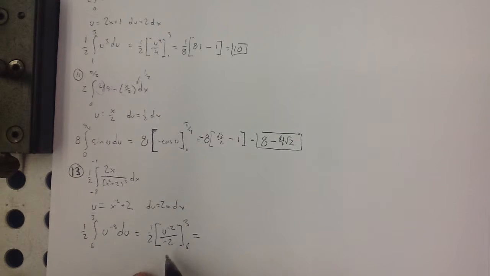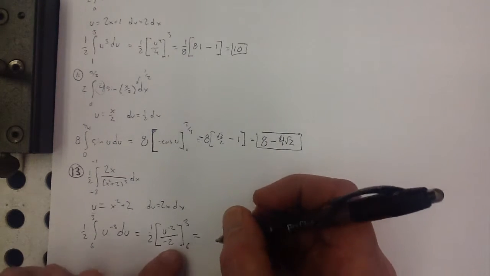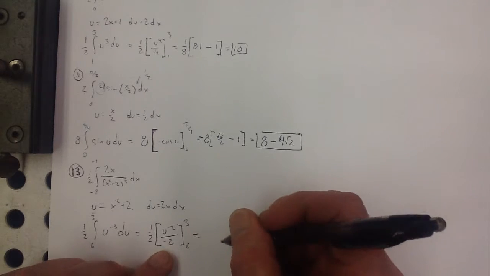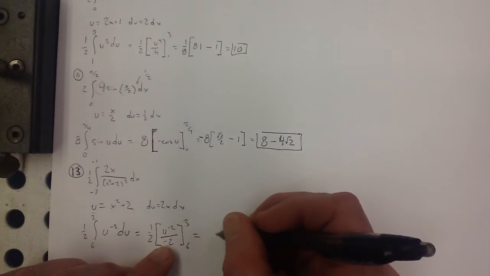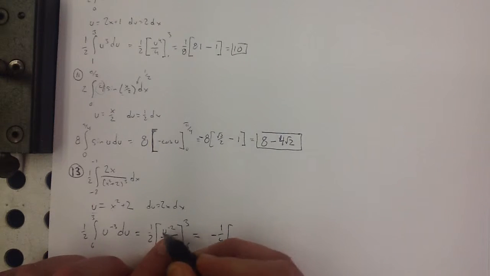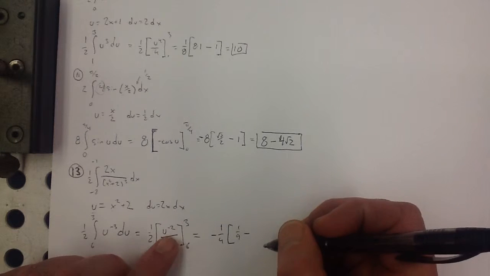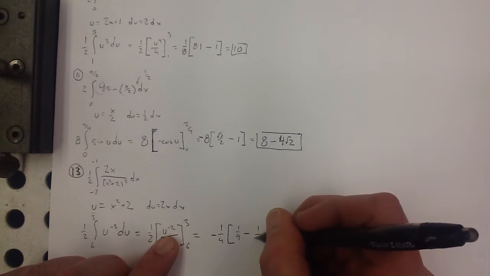There's a couple things you could do here. You could use the negative sign to flip these, since these kind of seem like they're in the wrong order, right? Or you could just take the negative sign out and then deal with this, but however you want to do that. So I'll just leave the negative sign with this, take it out as negative 1/4, and then I have 3 to the minus 2 minus 6 to the minus 2.